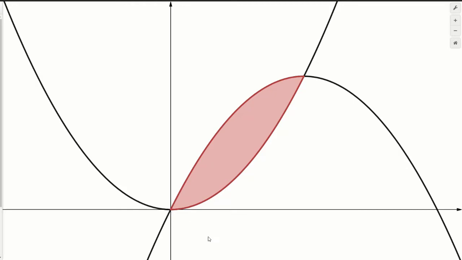The only part that's unlike the earlier problem in example 1 is that the ending and starting are not clearly given. The ending and starting here come out because the two curves, the two graphs, cross each other. You see the start and the end right here.